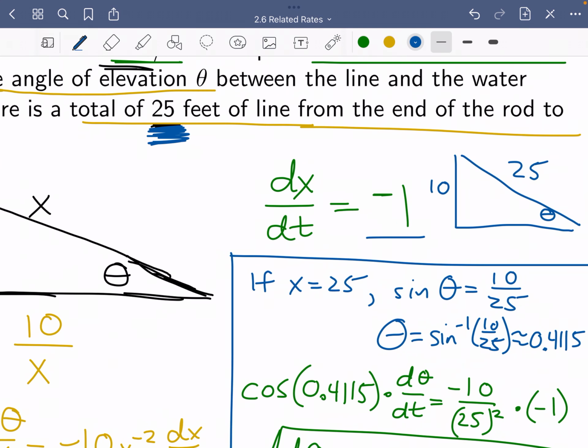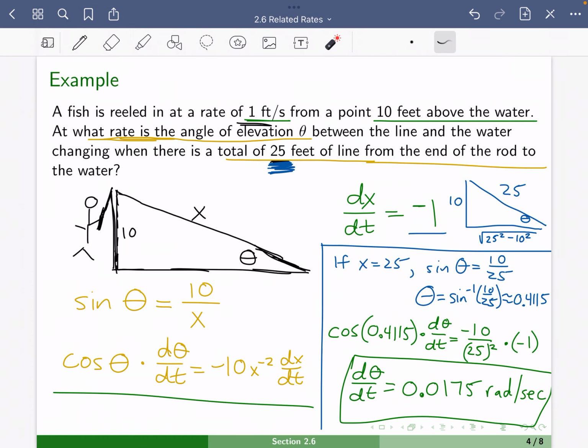And this side right here would be the square root of 25 squared minus 10 squared. And then your cosine of that is this side over this side. So we could have found that value of cosine without knowing the angle theta specifically. Although in this problem, we could find theta.